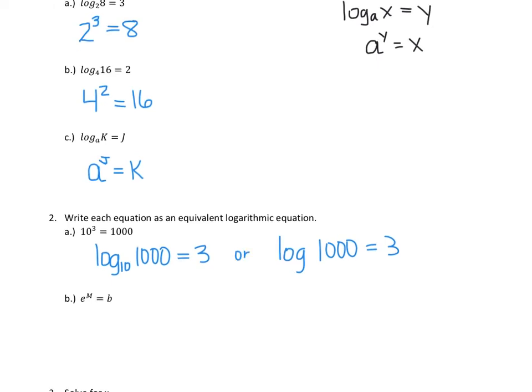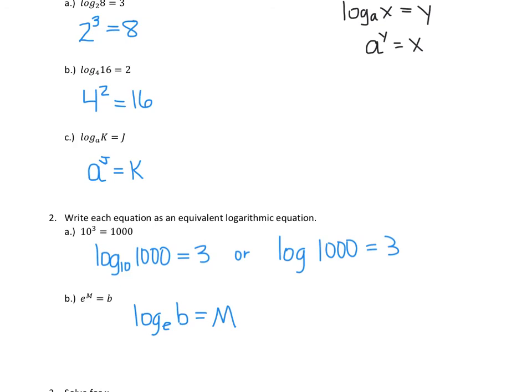For part B, we have e to the m equals b. So here our base is e, so we can write this as log base e of b equals our exponent m. So here's how we would represent the exponential equation as a logarithmic equation.